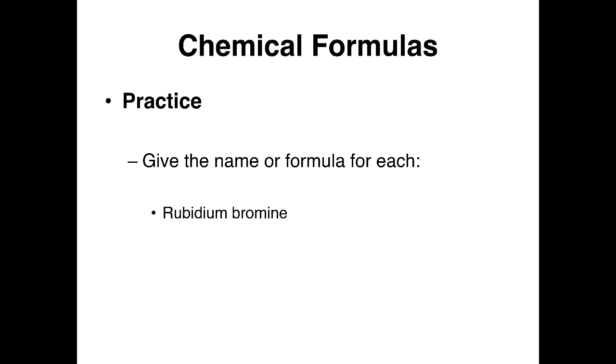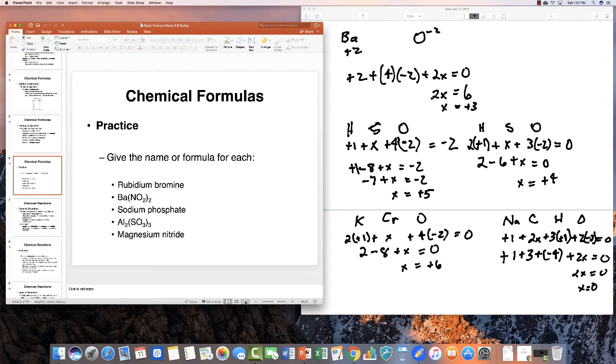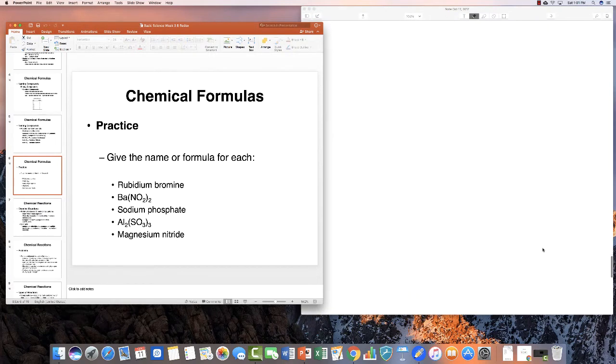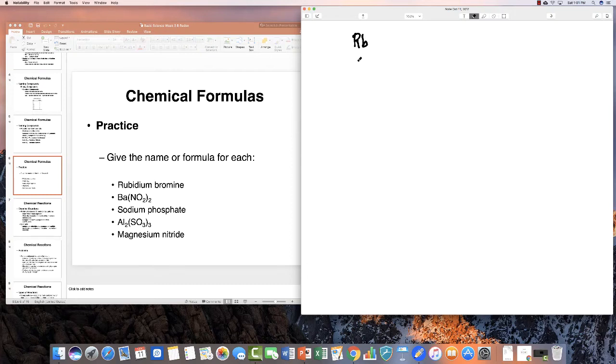The least common multiple here is 1, and so it's RbBr. So let me show you that on here. Rubidium is +1 and Br is -1, and the least common multiple is 1. And so 1 goes into 1 one time, and you don't have to write the 1. So the formula for rubidium bromide is RbBr.